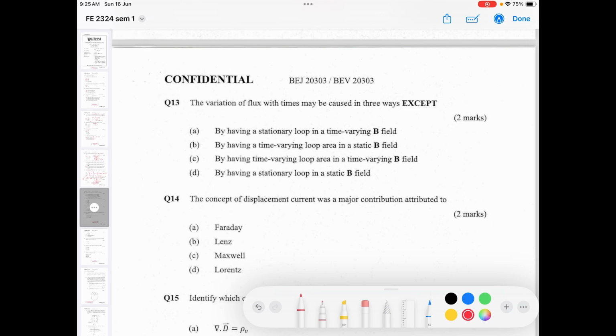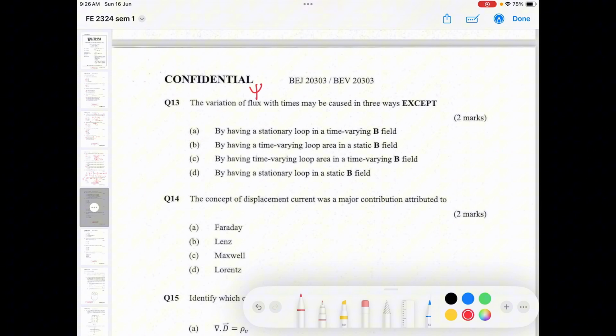The variation of flux with time may be caused in 3 ways, except by having a stationary loop in a time-varying B field. By having a time-varying loop area in the static B field.